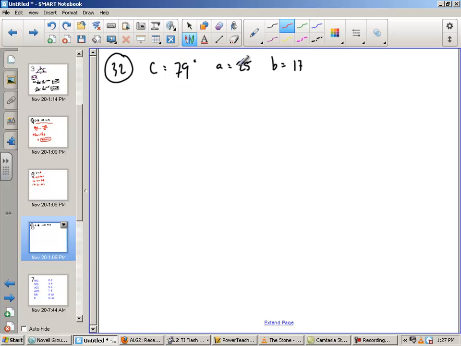So here I have capital C is 79, little a is 25, and little b is 17.